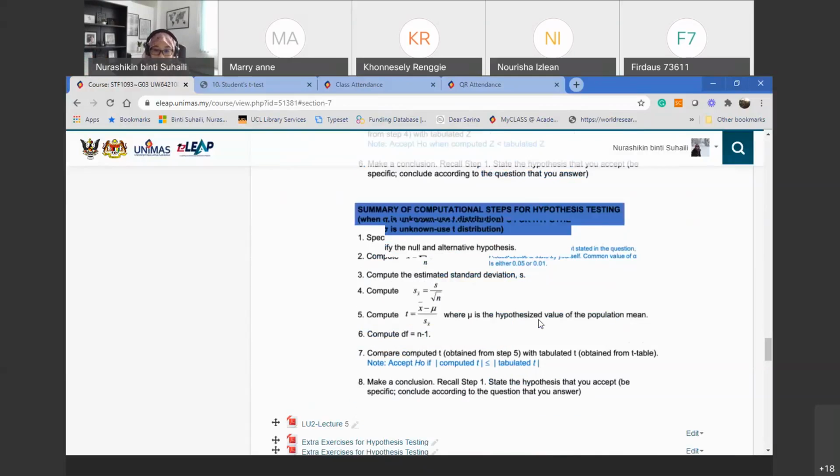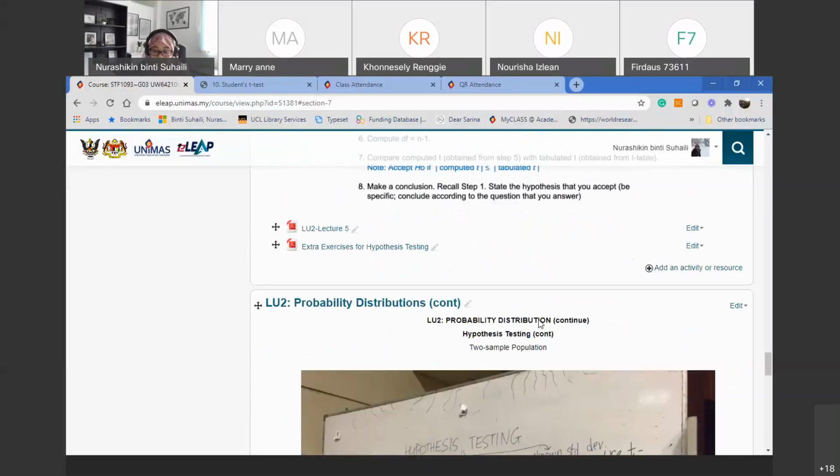So what we are going to cover today, we are still on hypothesis testing. It means that we want to test our hypothesis and decide which hypothesis we want to conclude. In order to conclude that, we have to perform certain steps.